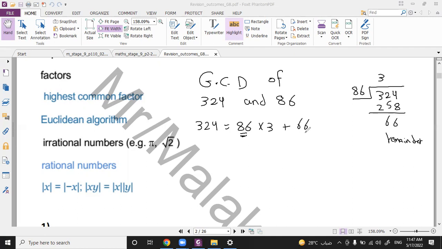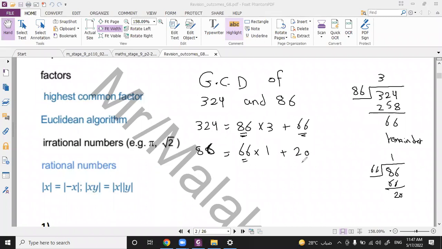Now, try to write 86. When we divide 86 by 66, 86 equals 66 times 1, okay? And we have as a remainder 20, so plus 20.